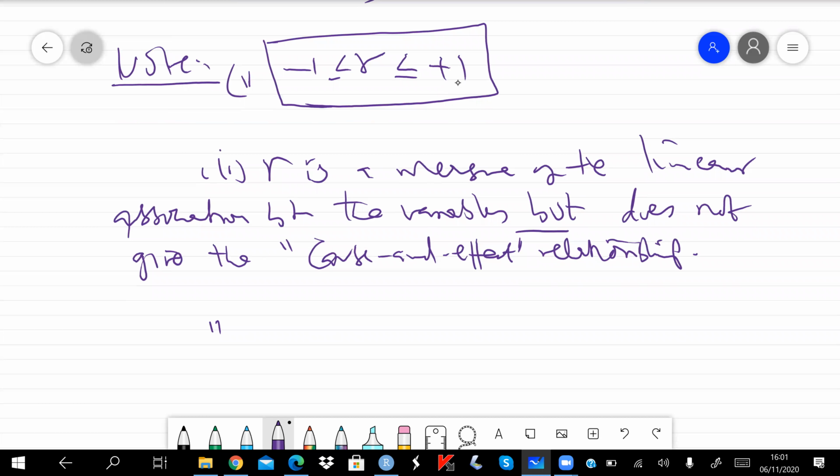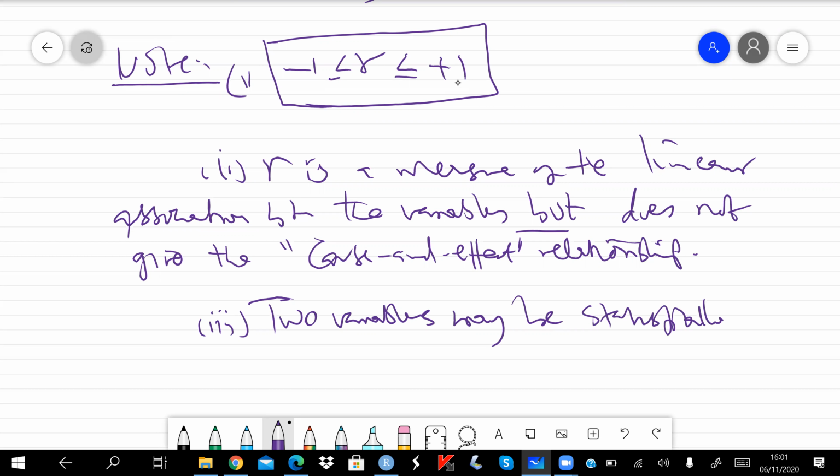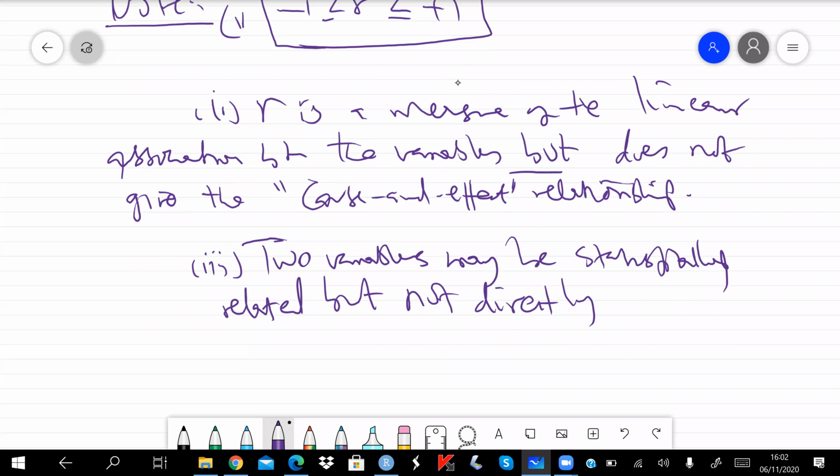Number three under the notes is a caution: two variables may be statistically related or correlated, but not directly causally related.